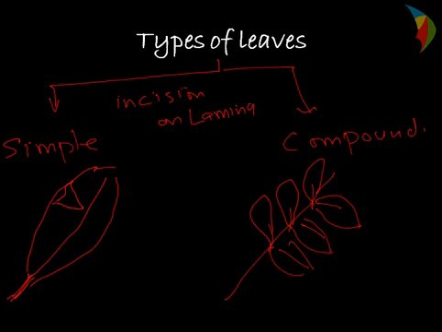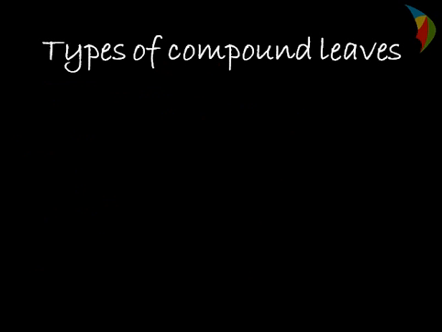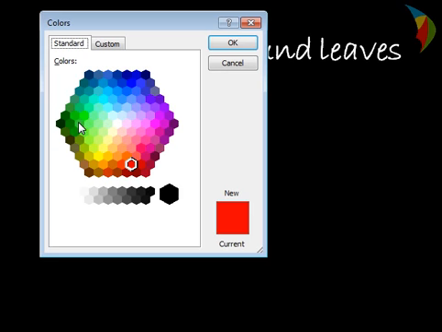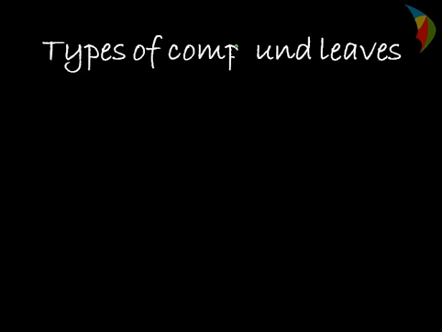Now we can divide compound leaves into many types depending on the type of the leaf and the shapes of the different lamina. We can broadly divide compound leaves into two types.